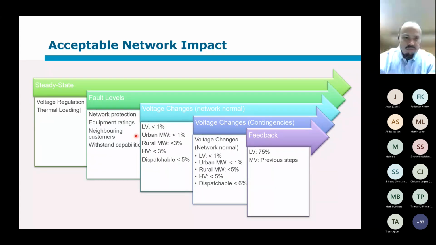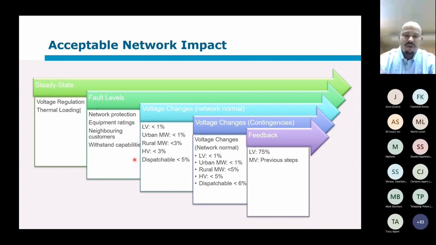For medium voltage, sorry, that's a typo, not megawatt. Medium voltage, urban and rural, 1% and 3% respectively. So urban, we typically have very strong networks, and you might also have more customers connecting. That's why that limit is a little bit lower. Rural, fewer customers, further away, you can go up to probably 3%, higher voltages 3%.